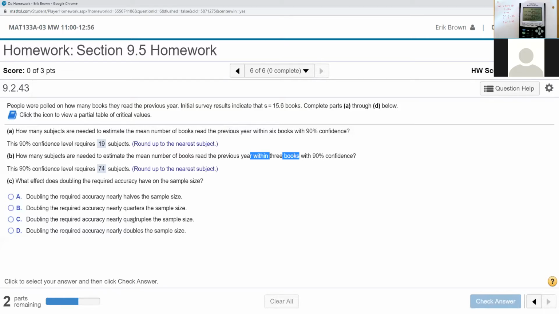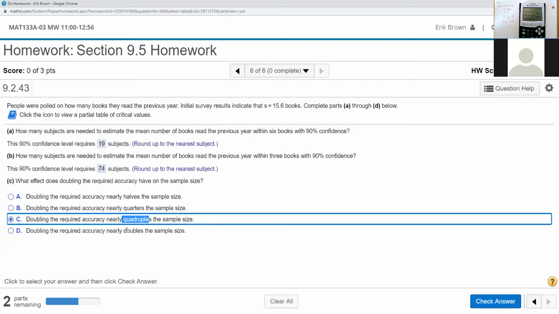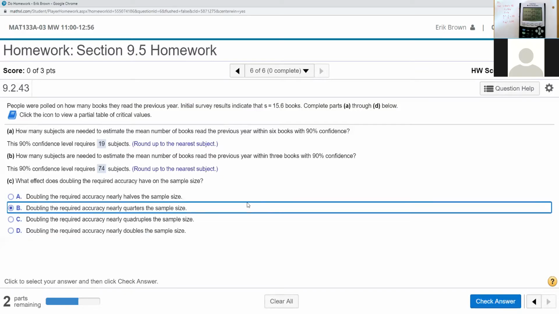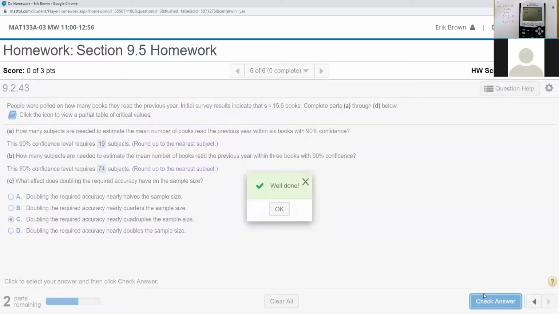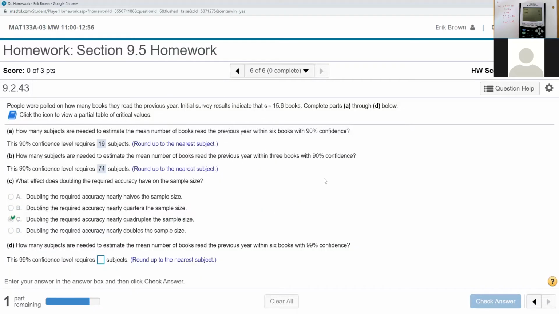Quadruple means times 4, and double means times 2. So 19 times 2 is what? That's 38, and 19 times 4 is 76. So it almost quadrupled the sample size required. So I'm going to check that answer. Yay, that's correct. Last one.